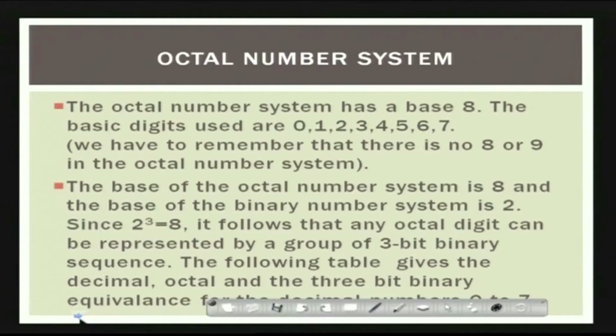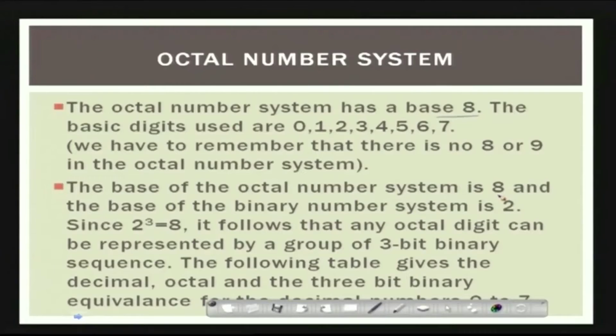So, it has a base 8, but you can notice here that the numbers 8 and 9 are not used in octal number system, and octal number system has a base 8, but binary number system has a base 2, and this 8 can be written as 2 power 3, which means any octal digit can be represented as a group of 3-bit binary number.